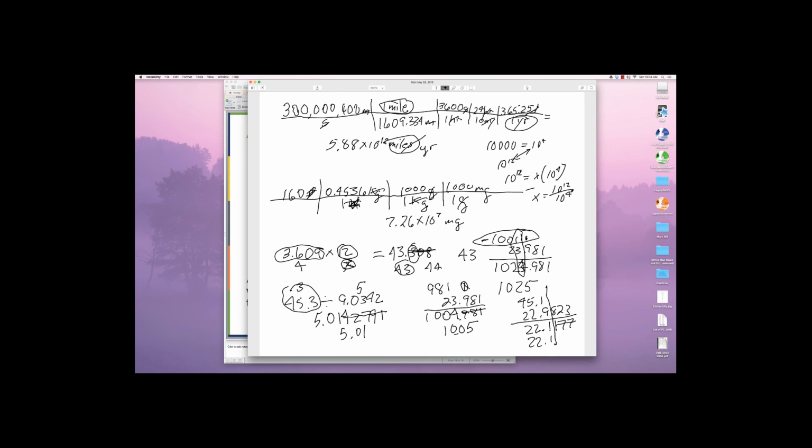When you divide, you subtract the exponents. So 4 subtracted from 12 is 8. So it would take 10 to the 8th stacks. Now 10 to the 9th is a billion, so 10 to the 8th stacks is 100 million. So 100 million stacks would be required.